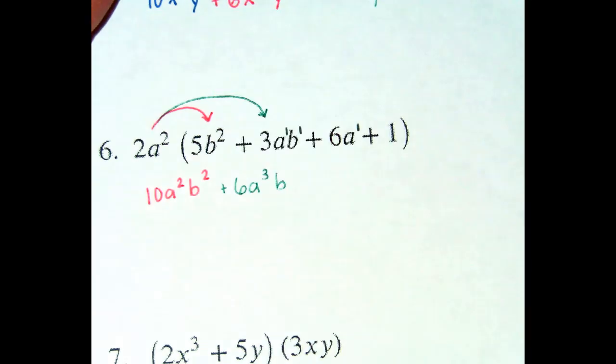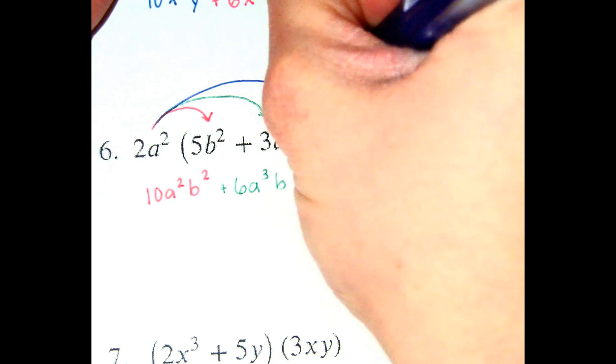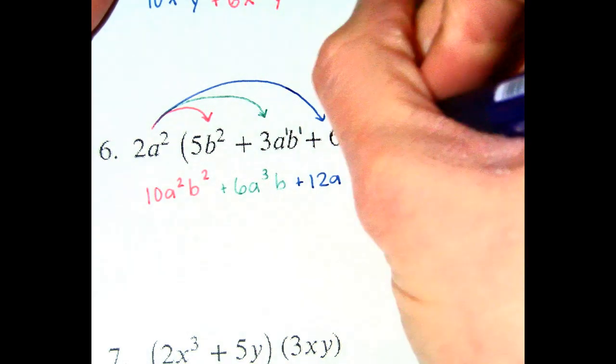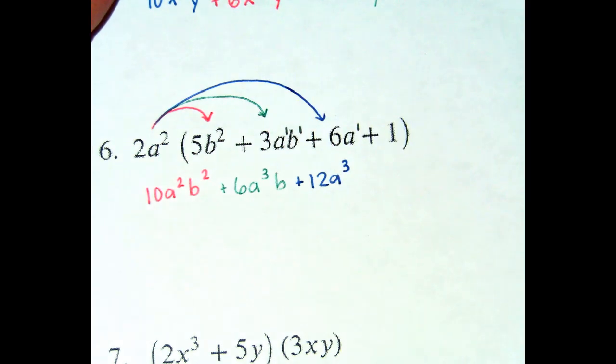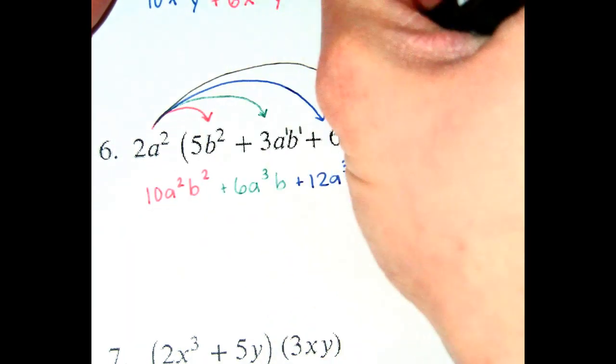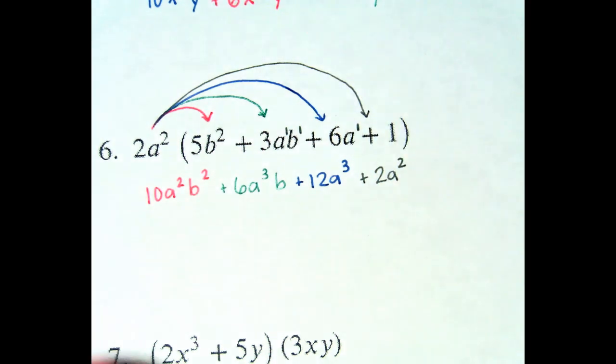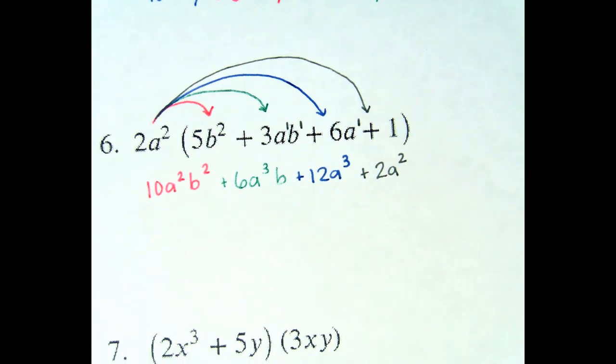B or b to the first? Okay. 2a squared. 12a to the... Okay. 2a squared. Okay, so you're distributing, you're multiplying, you're combining like bases, making sure it's in standard form.